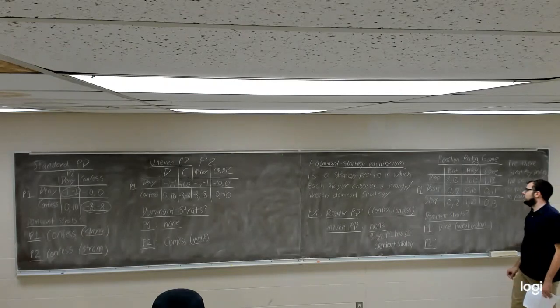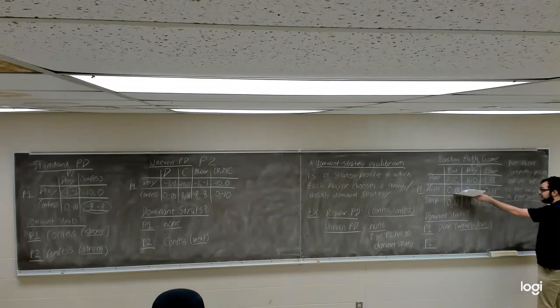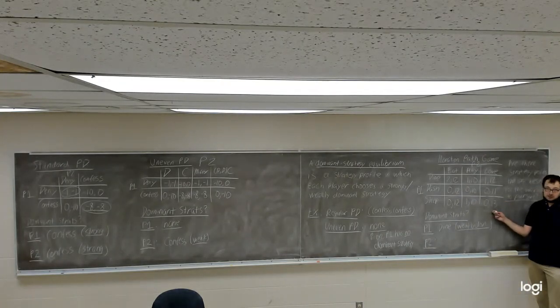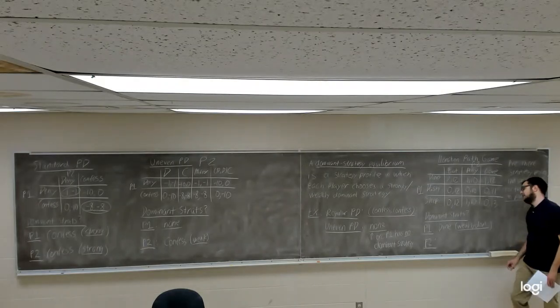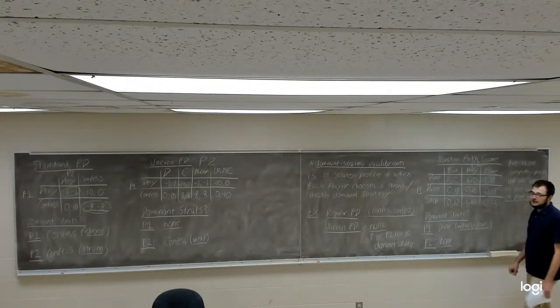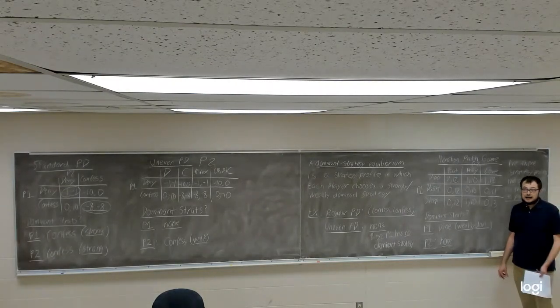So if player 1 dines, eat and love are equally good. If player 1 dashes, eat is better. If player 1 sleeps, then love is better for player 2. That means there is no dominant strategy for player 2, weak or strong.